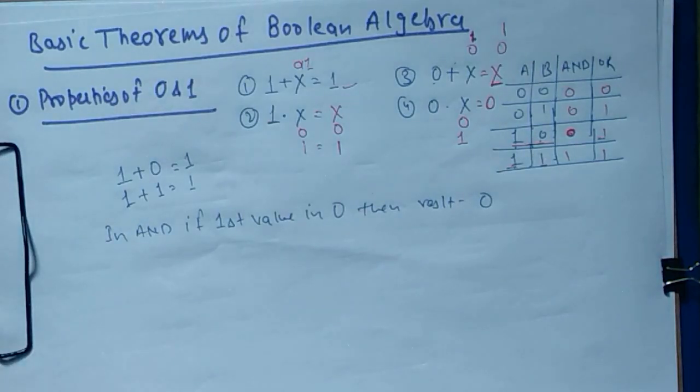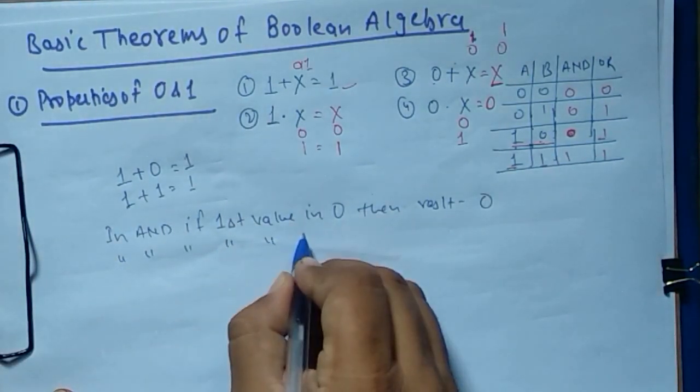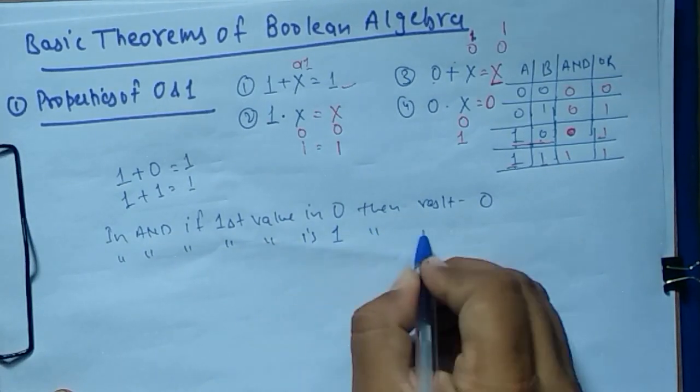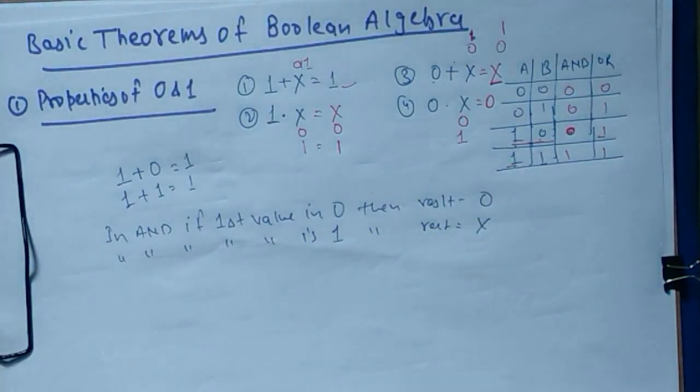We don't need the second value. It can be 0, it can be 1, but the result will always be 0. In AND, if the first value is 1, then the result will be x. The output is the second value. If the second value is 0, then the output will be 0. If the second value is 1, then the output will be 1.